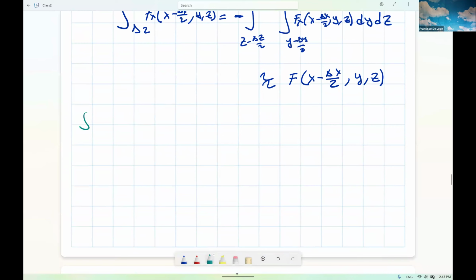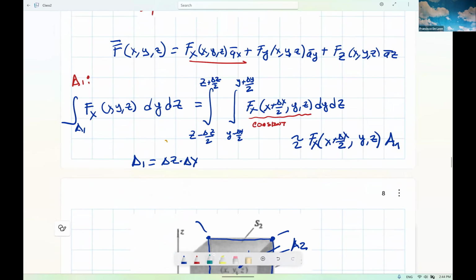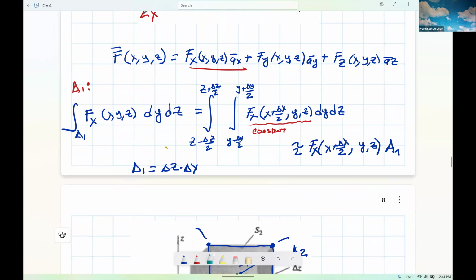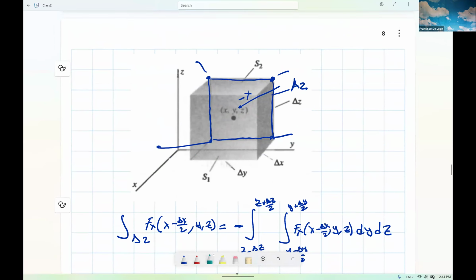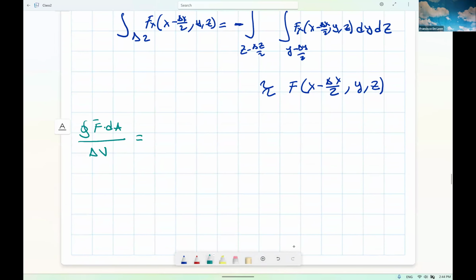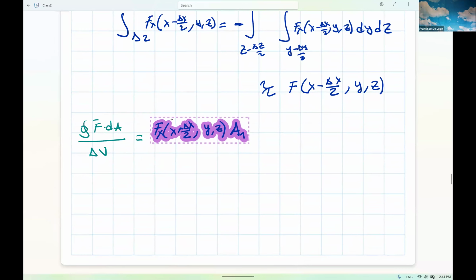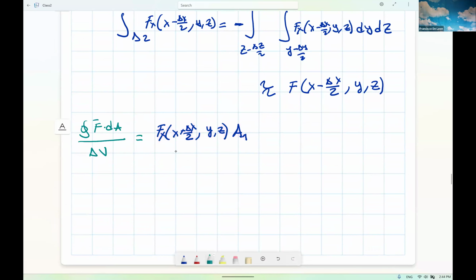I will get that the closed integral of f dA divided by delta V will be the first thing I got here, right? This term here, which I'm going to copy and paste over there. So it's going to be this one minus this other one over here.